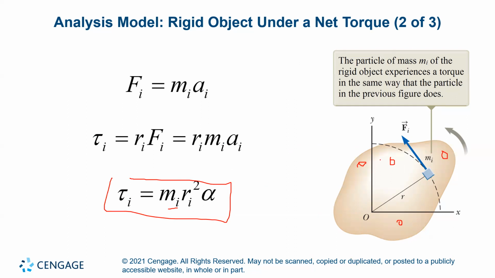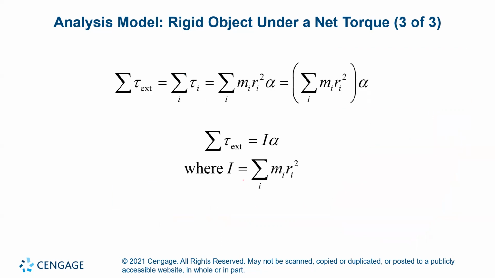Each individual mass has its own rotational inertia, or the tendency of that mass to resist any changes in rotational motion. And you just sum all of them. Then you have a general formula for the rotational inertia of any rigid object: you just add the m r squareds for each tiny mass in the rigid object about a certain fixed axis, and you will get the rotational inertia for that object.